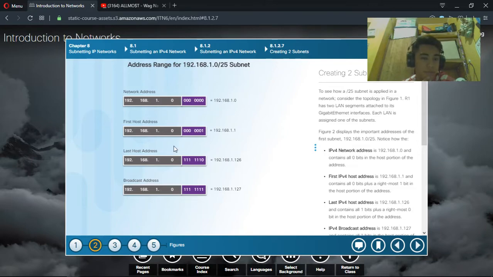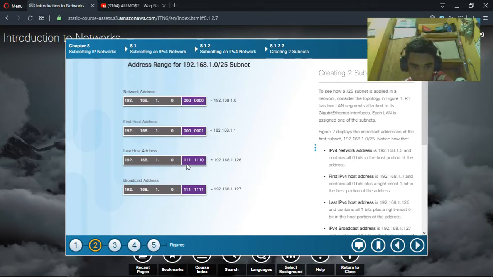So the subnetting topology has a prefix length of 25. The network address is 192.168.1.0. The first host address is 192.168.1.1. And the last host address is 192.168.1.